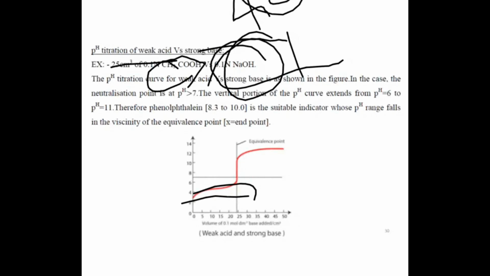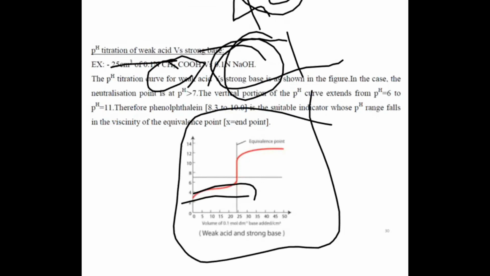So we get that from the plot for the weak acid versus strong base. For simplicity, know the scale: this is 7, the weak acid will be around 4 to 5, and the strong base will be around 14.